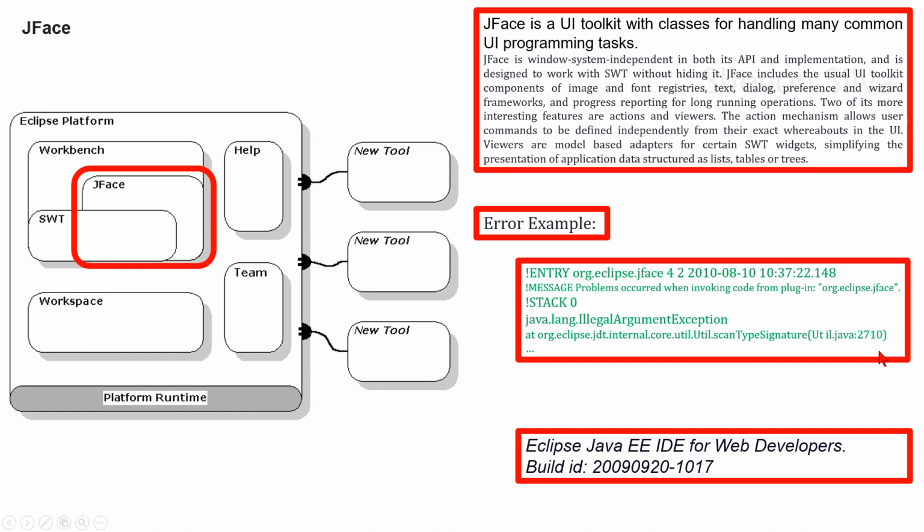Stack 0: java.lang.IllegalArgumentException at org.eclipse.jdt.internal.core.util.Util.scanTypeSignature, Util.java 2710. This error occurred in Eclipse Java EE IDE for web developers, build ID 2009-20-1017.